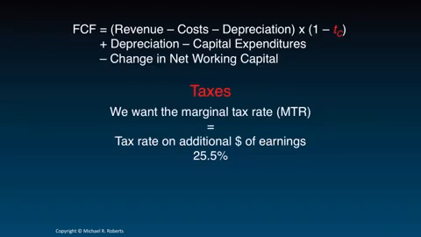All right, so let me just wrap up a little bit here. We've gone through and we've produced or made assumptions about every component in our free cash flow formula. And all of those assumptions are going to allow us to forecast dollar values into the future. Okay. But let's take a step back.